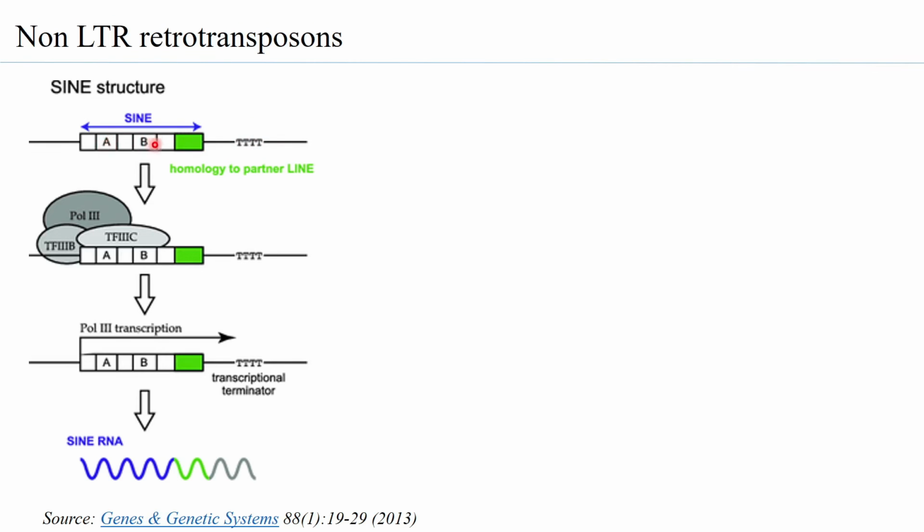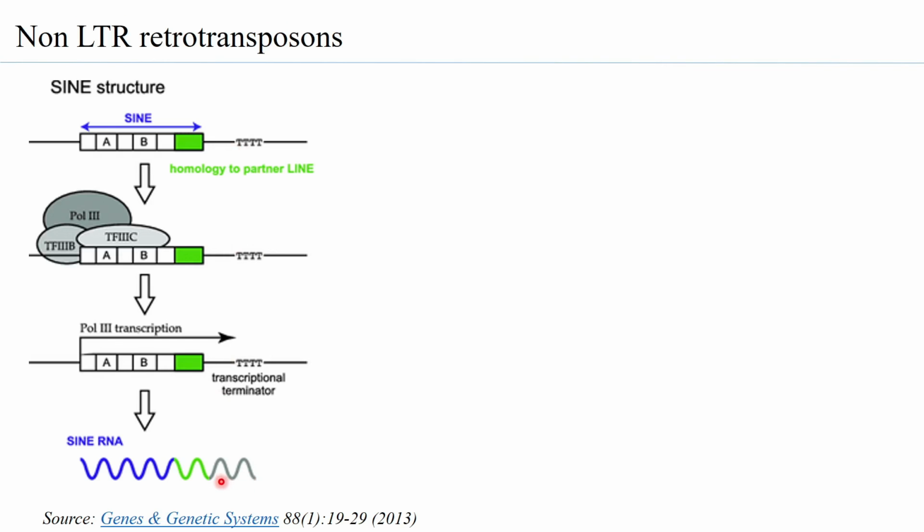Because of the presence of the box A and box B, this is the kind of promoter that is recognized by the transcription factor 3 of the eukaryotes to bring in the RNA polymerase 3, and it is RNA polymerase 3 that carries out the transcription of the SINEs. So ultimately, you would have the SINE element, and this poly T actually works as a transcriptional terminator.